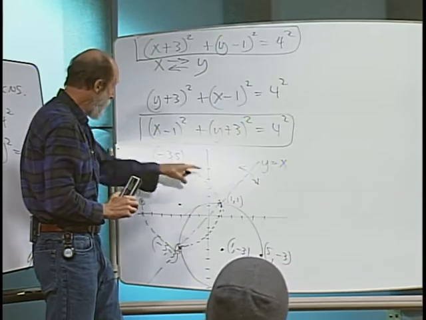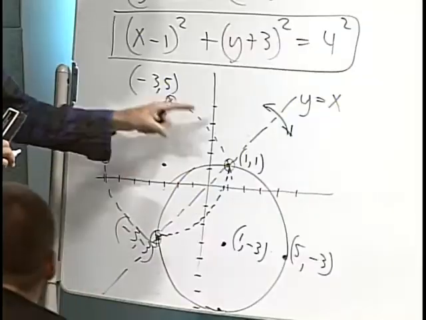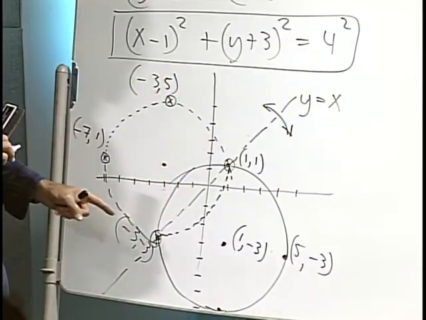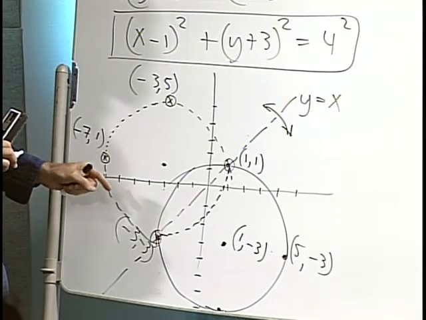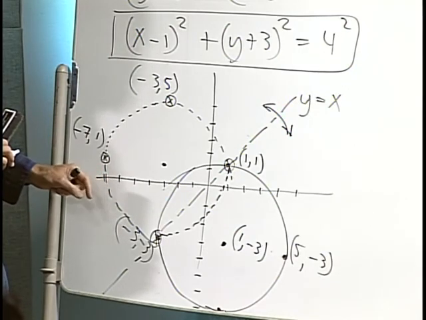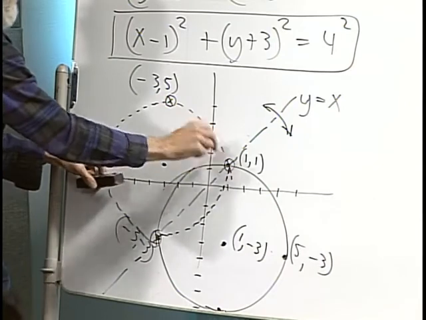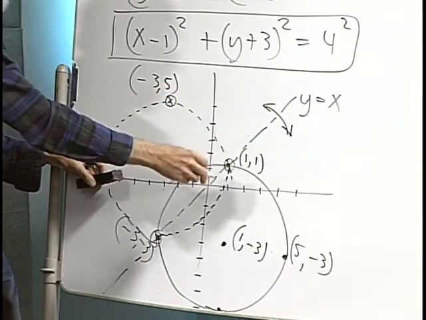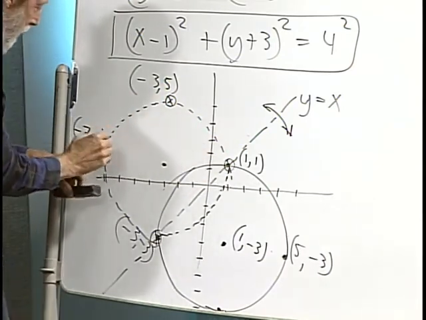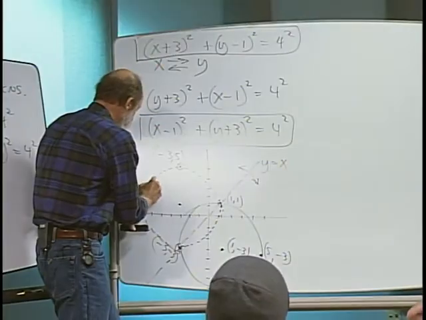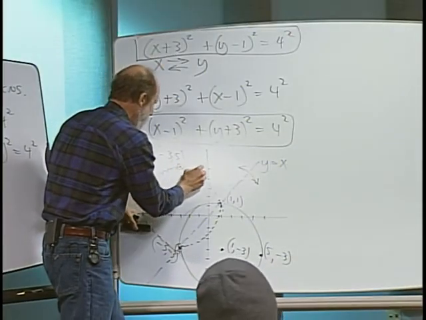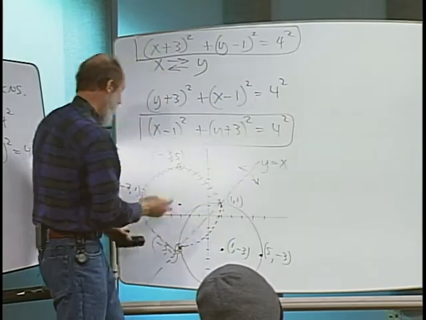What could you do to this original circle to make a portion of it a function? Cut it in half. Take maybe the top half of it. That would certainly be a function, wouldn't it? Now let me just hash that like that.